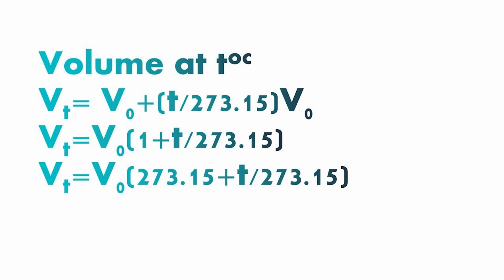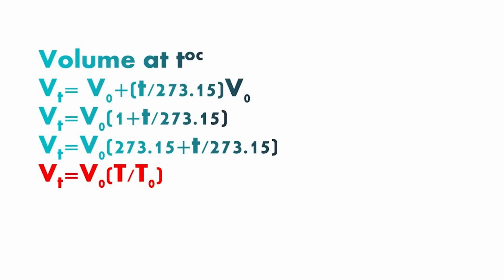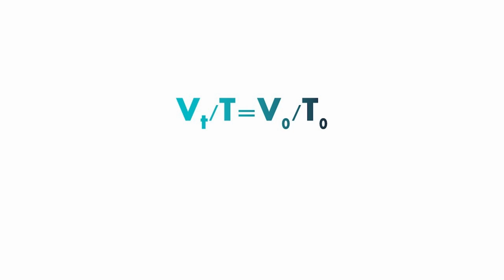So Vt is equal to V0 into 273.15 plus t by 273.15. Now we can represent 273.15 as T0 and 273.15 plus t as capital T. So the equation becomes Vt is equal to V0 into T by T0. On rearranging, we will get Vt by T is equal to V0 by T0.